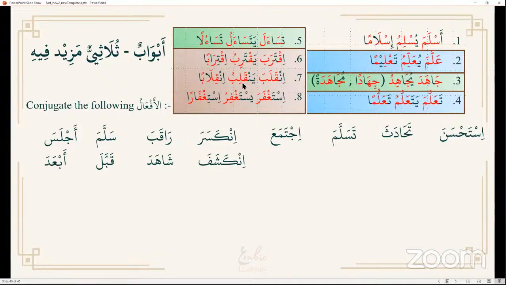Ihtamala. Which family? First tell me. Yes. Ihtamala, yahtamilu. Good. And ihtimalan.